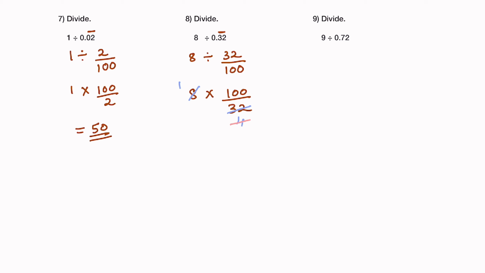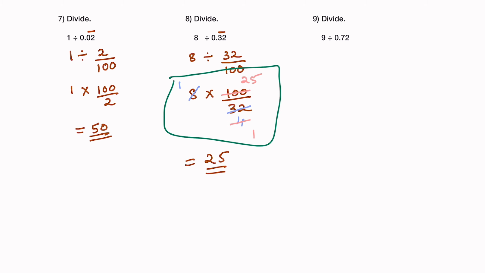And this 4 goes in 4 times 1 and 4 times 25. So the answer to this question is 25. So when you do this calculation here, it's much easier than to actually do 8 times 100 and then divide by 32. So taking out common factors here in this step is very useful.